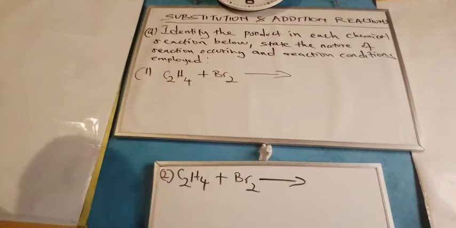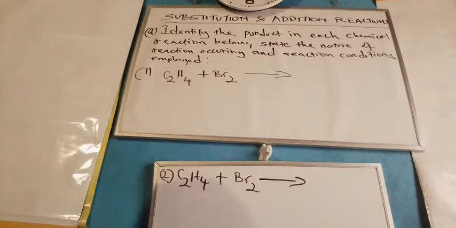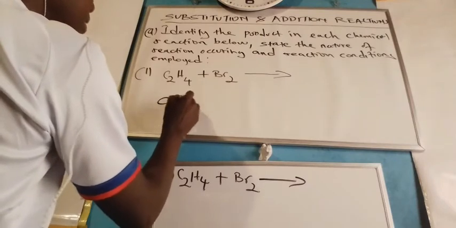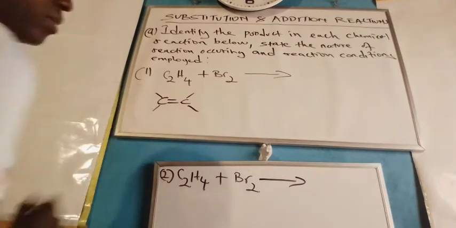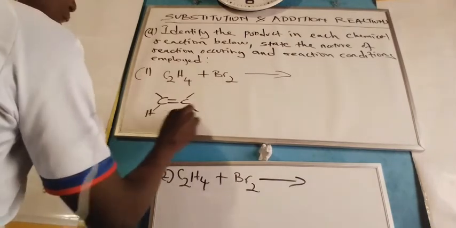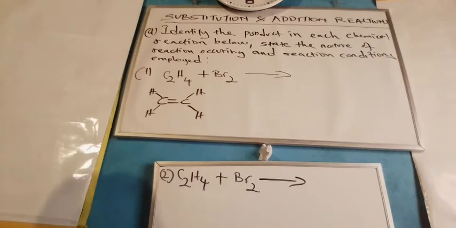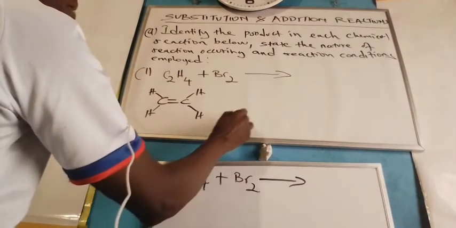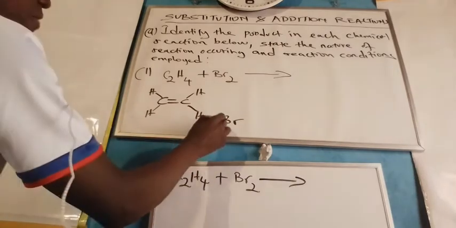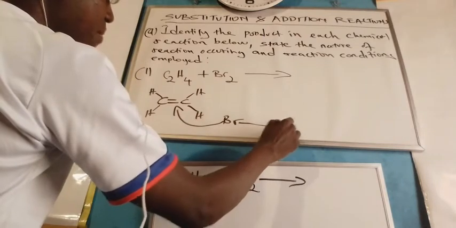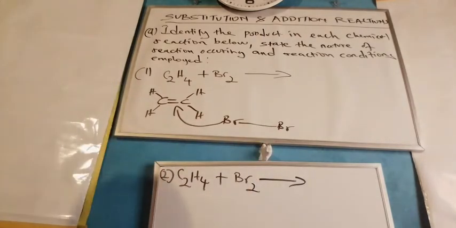Number one, we have C2H4, which I can see clearly is an alkene reacting with a halogen in form of bromine. The alkene is ethene. There is a double bond between two successive carbons, and they have hydrogen surrounding each carbon, and they meet a bromine molecule, because the bond between bromine and bromine has to be broken before addition occurs.